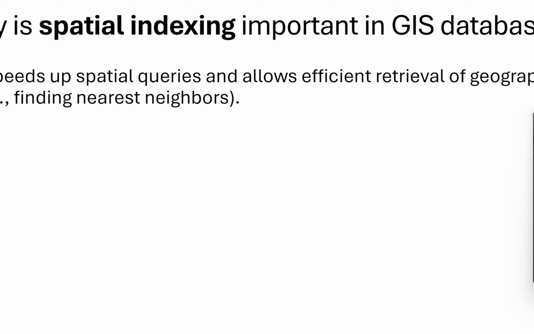So this is what spatial querying means: if you want to look for restaurants, you will look for restaurants that are within a 5 kilometer zone of your area. Okay, so this is what spatial querying is.